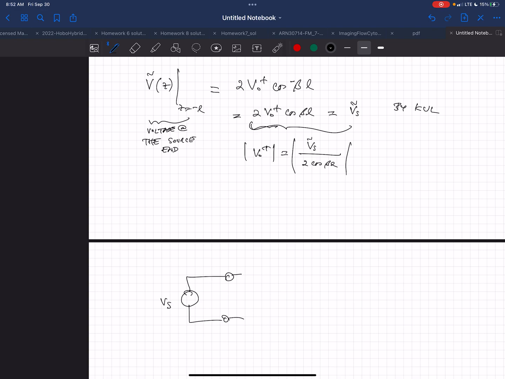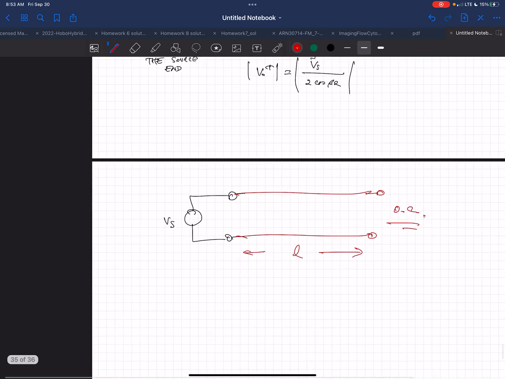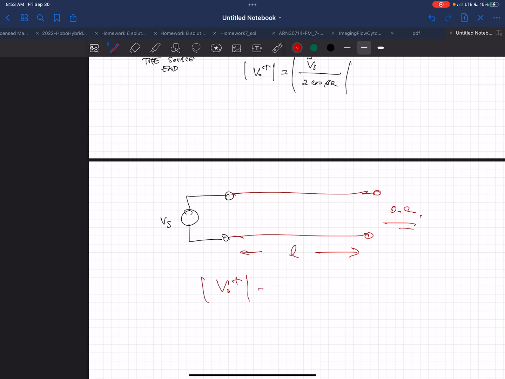Okay, if that's driving a transmission line of length L that is terminated with an open circuit at its end, then the calculation gives V0 plus equals V sub S over 2 cos beta L. So the amplitude of the voltage that I'm launching into this line, going in this direction, is whatever my voltage source is pumping out over 2 cos beta L. Okay?